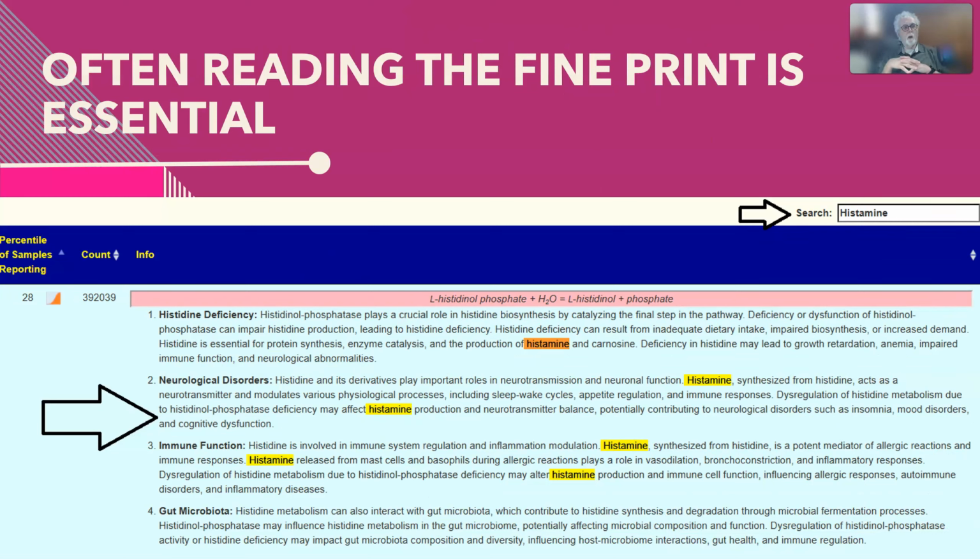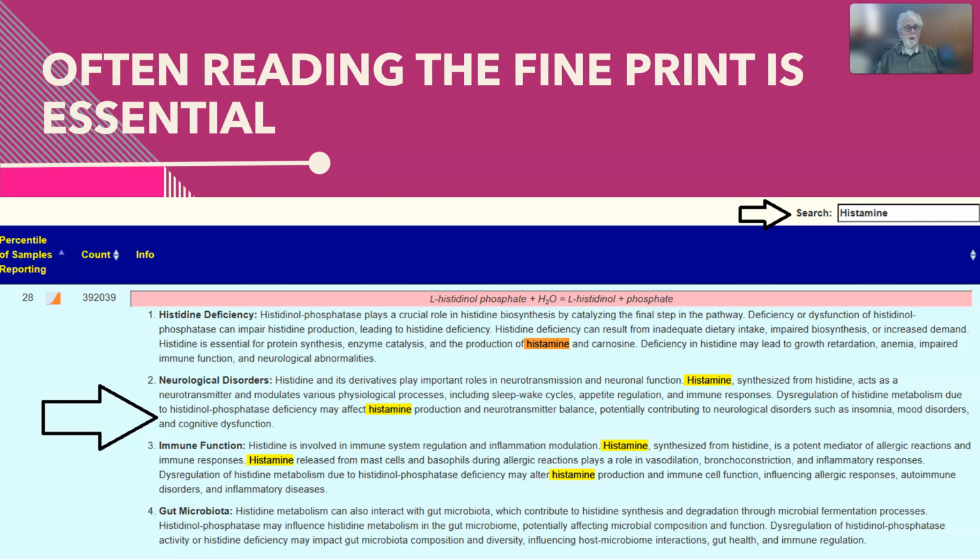Now, here we're looking at the enzymes, and we're looking at histamine, and I want to point out that you may want to carefully read all the information. Often people get one idea that histidine does one thing and one thing only. That's false. It does many things, so you need to proceed to work with it.